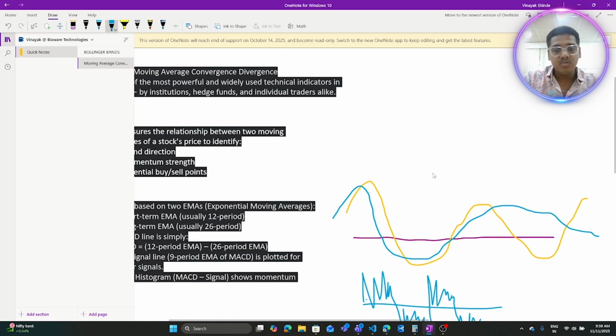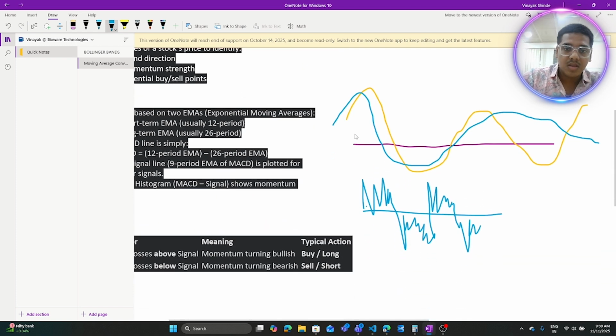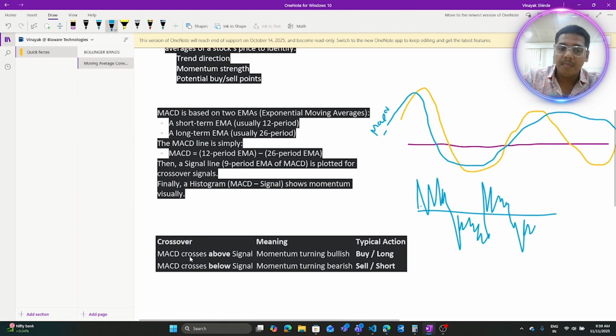So how do investors or traders do trend confirmation? Basically this is your MACD. Whenever your MACD crosses above the signal line, it is a buy trend.